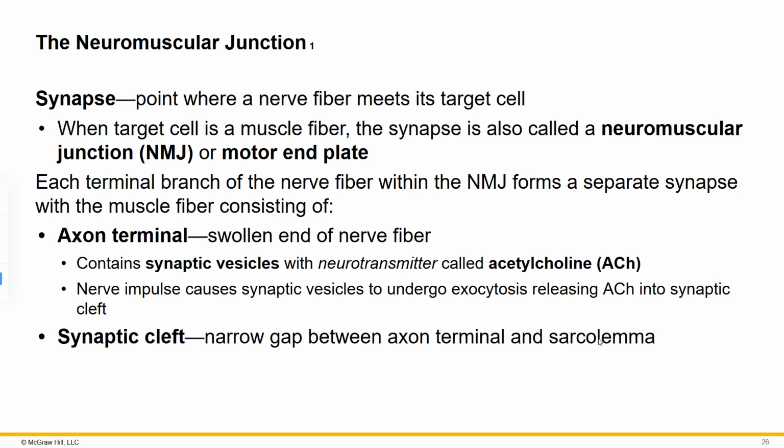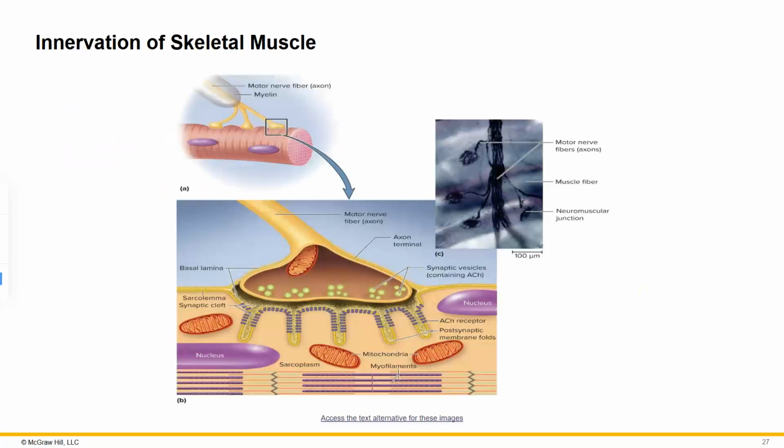Instead of stimulating another neuron like we talked about during the nervous system lecture, now we're stimulating a muscle. The sarcolemma is the plasma membrane, or cell membrane, of a muscle fiber. When neurotransmitters are released from the axon terminals, they go across the synapse and bind to special receptors on the sarcolemma of the muscle cell.